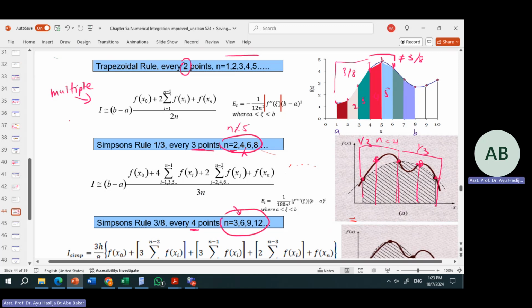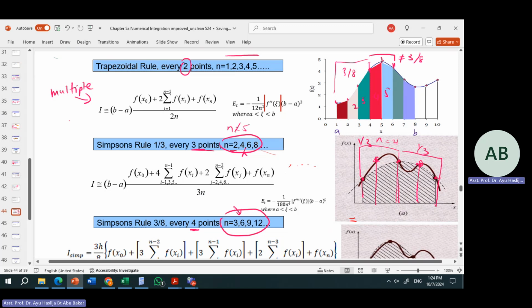Because let's say I mention n equals 9, integrate whether using trapezoid or Simpson.